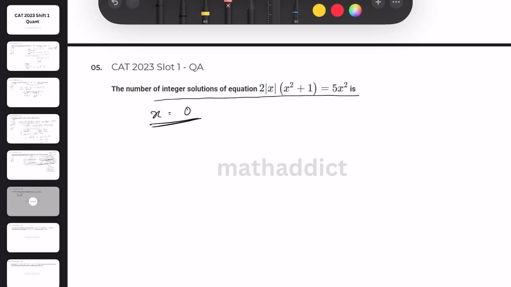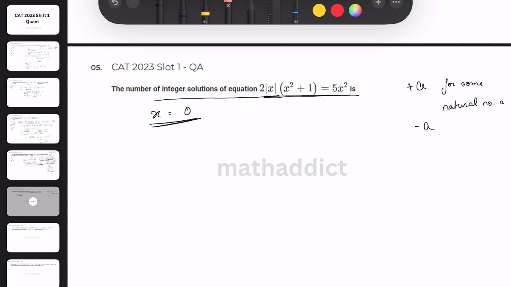Now also observe that if x equals plus a for some natural number a satisfies this equation, then minus a would also satisfy this equation, because mod of minus a would become plus a, and x square minus a square is same as plus a square. So this is an even function.